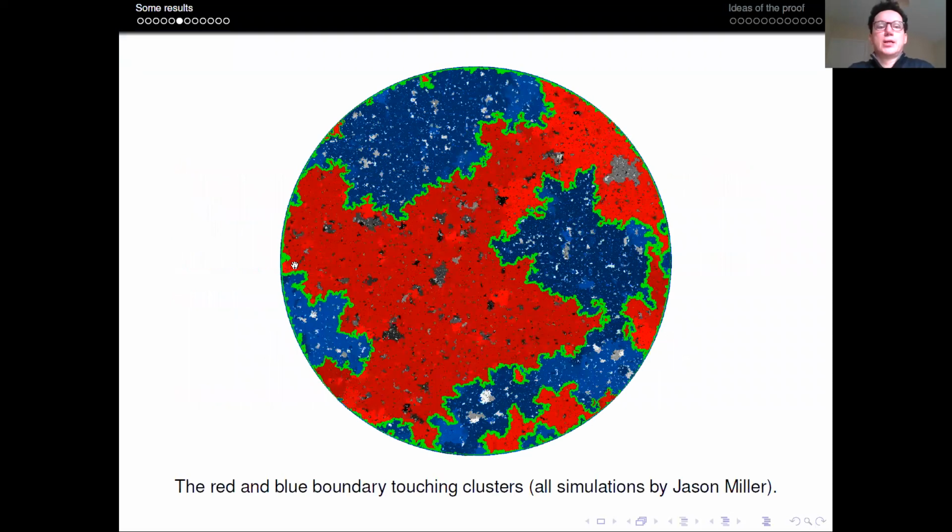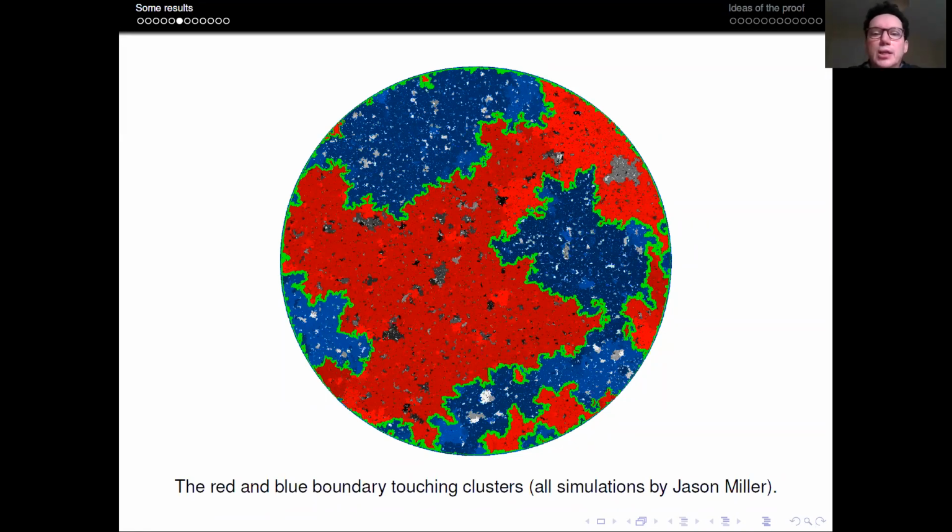All right, so here is a simulation. Like the few simulations I will show in this lecture, they are due to Jason. So here what you see is a picture not in the upper half plane, but in the disk, with a very fine mesh. And what you see here is the blue and red boundary touching clusters.